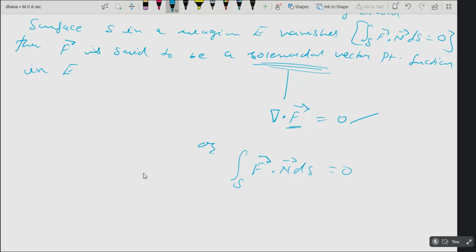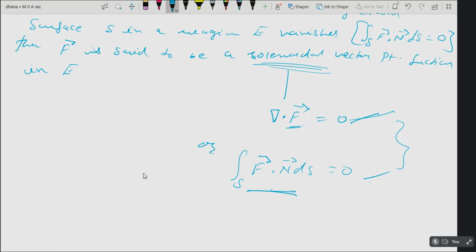So this also satisfies the same condition. In both situations you are saying the same. So this is one way of checking whether the vector is solenoidal or not. You calculate the divergence and check it. If it is 0, the vector is solenoidal. Or you calculate the surface integral of that vector. If it is 0, still you say that F bar is solenoidal.